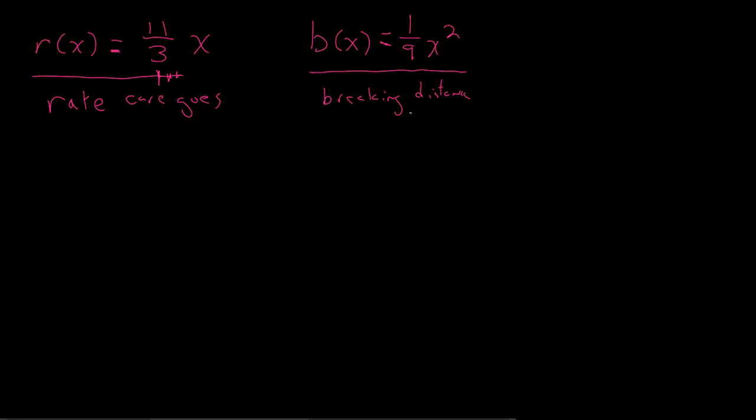If you're traveling for a certain amount of time or a certain distance, and you have your reaction time coming in, so this is your reaction time and your time to brake, you can find where these values are the same. And we're going to say, hey, what happens when x equals 60 for both of these functions? And so we can evaluate the functions at 60.